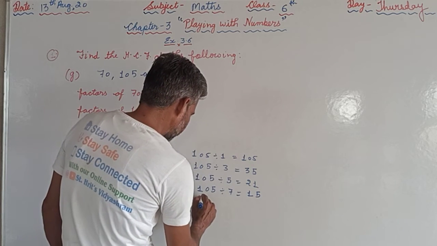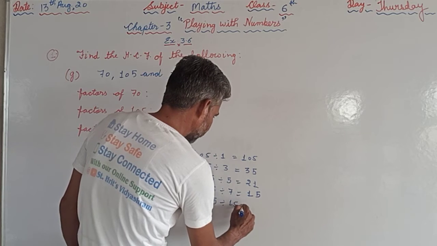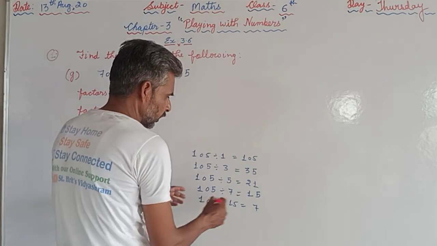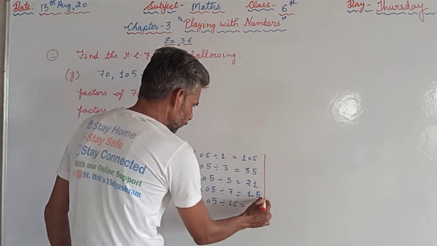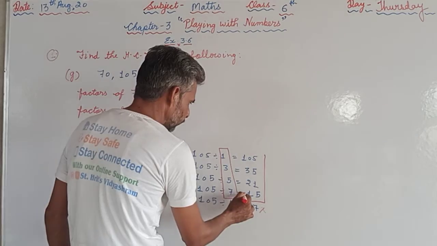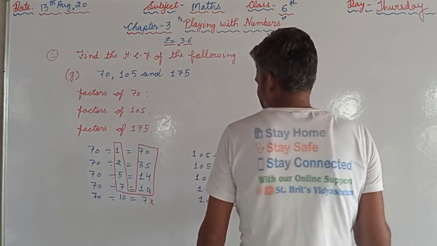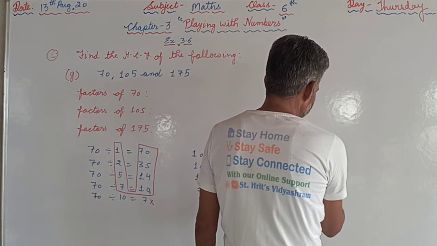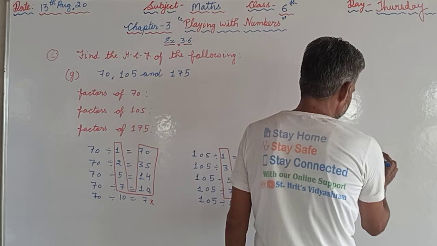And afterwards, it is divisible by only 15, 7 times. So 7 already repeated, 15 already repeated, so we will not consider that. We will take this box, and these are the factors of 105.